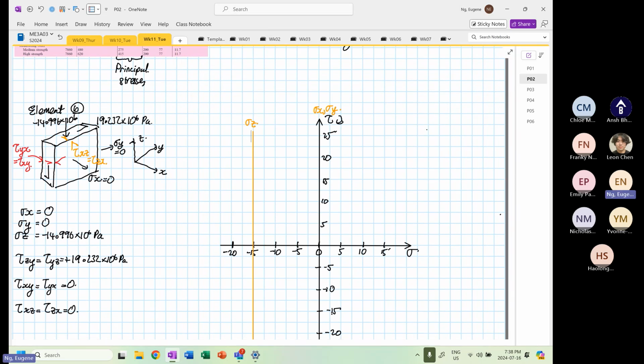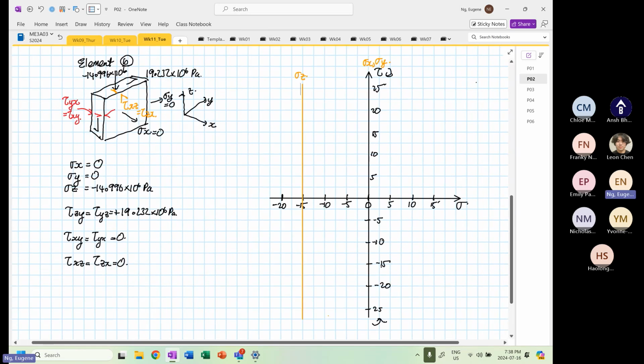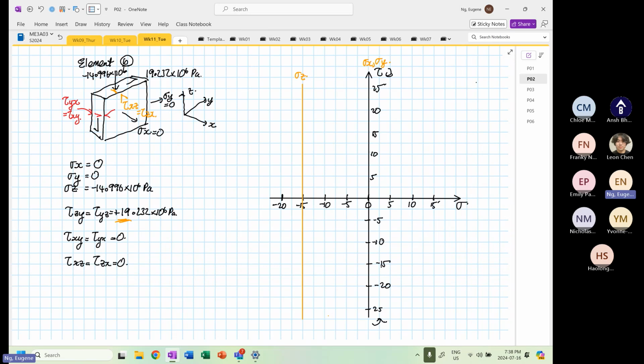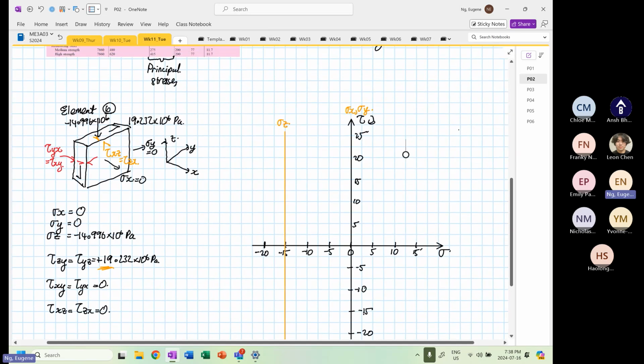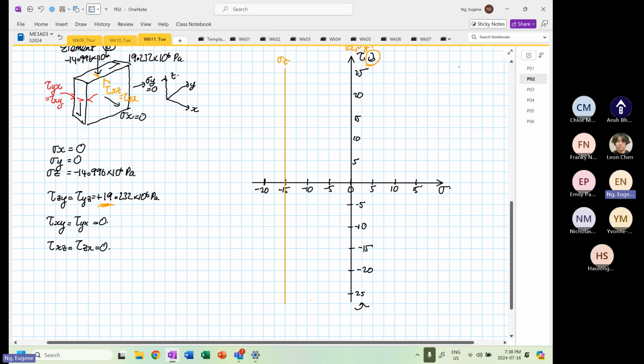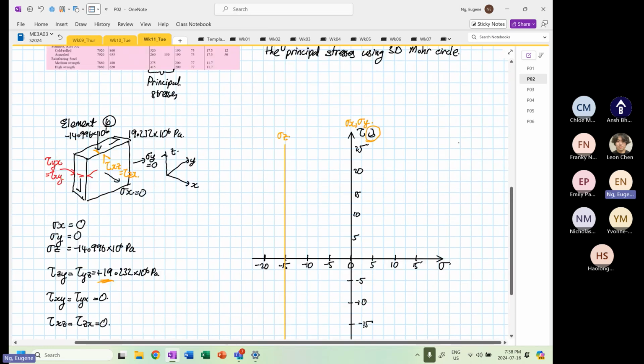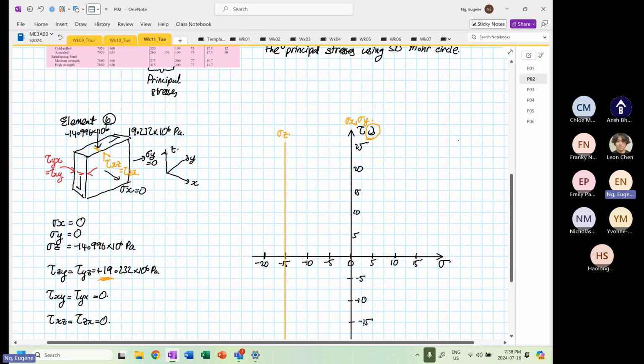Then our shear is 19.232. So no doubt I wrote down here as positive, but in shear it does not depend on positive or negative, but rather it depends on the rotation of the element. Okay. So no doubt down here is positive 19. You have to put them in positive 19 and negative 19.